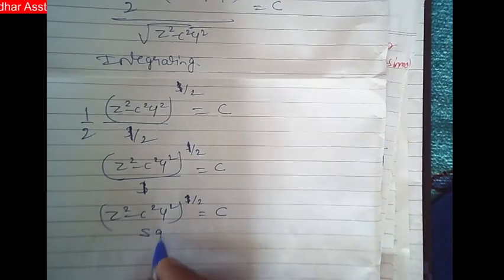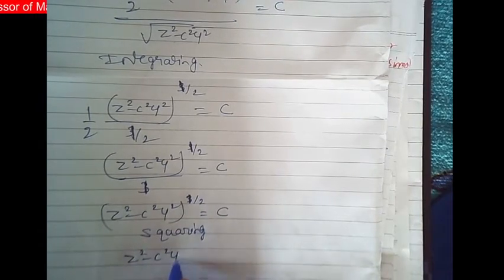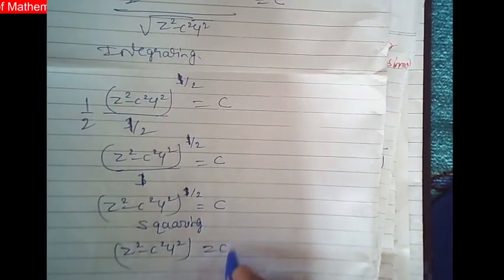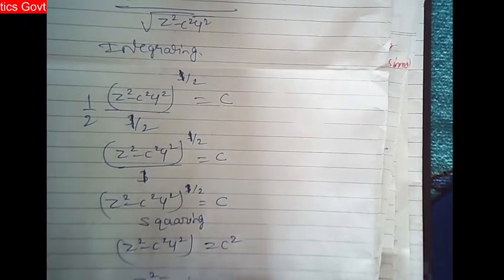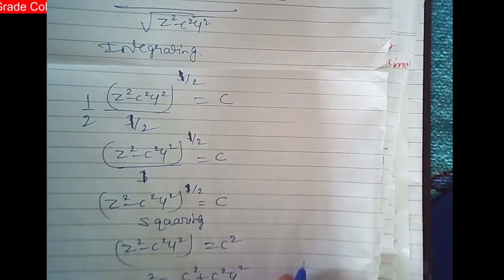Now squaring on both the sides, which gives z square minus c square y square is equal to c square, or z square is equal to c square plus c square y square.